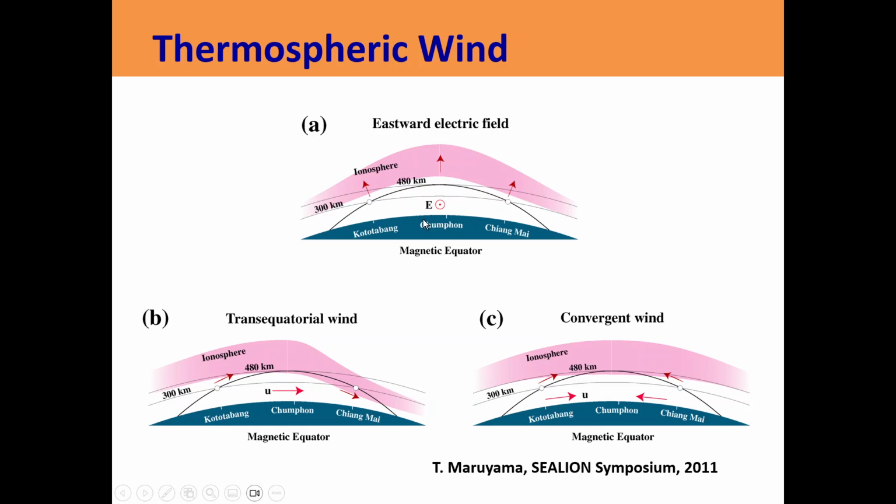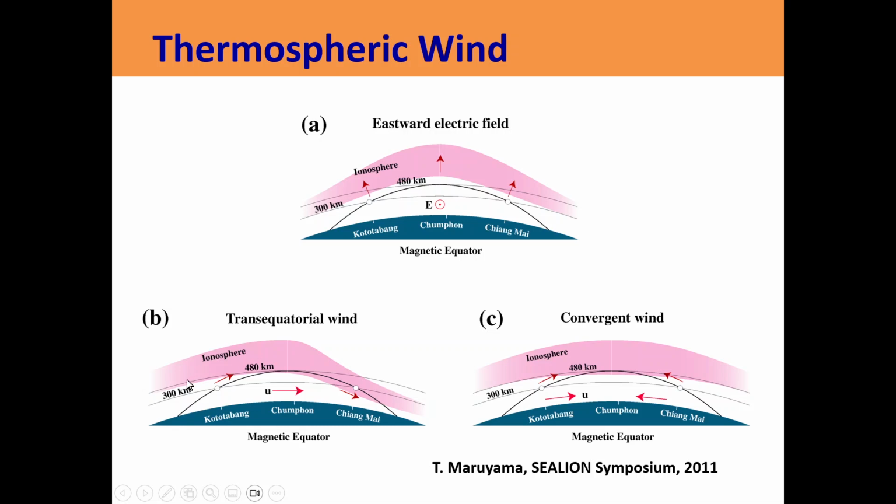Okay, this is work from Mariama-san. He was talking about the atmospheric wind, and in his study he talks about some other types of wind as well. No need to look at the first one; this is the same as we looked at earlier. He talked about two types of wind that can occur.